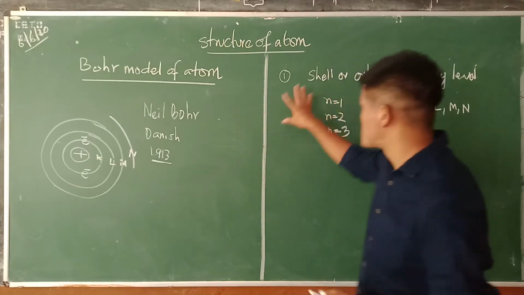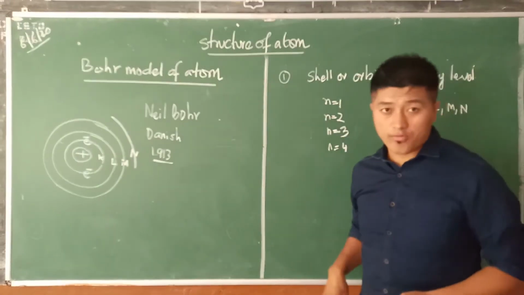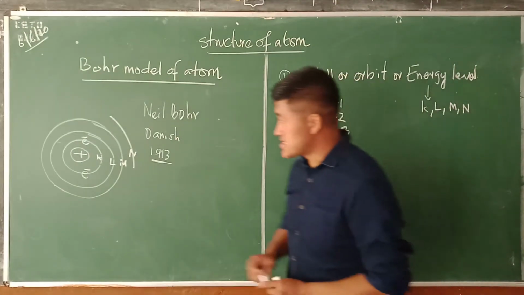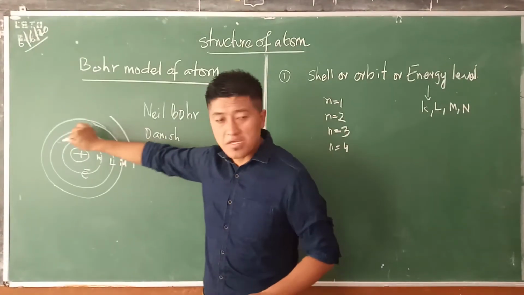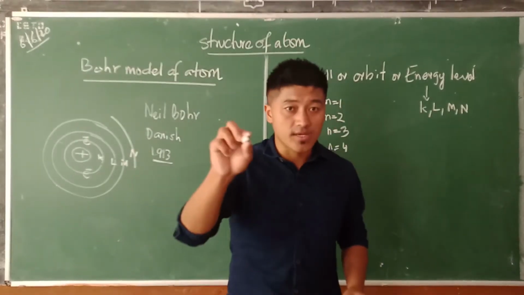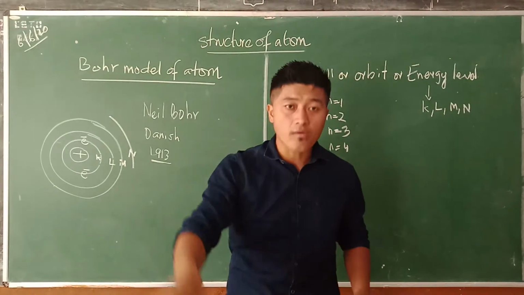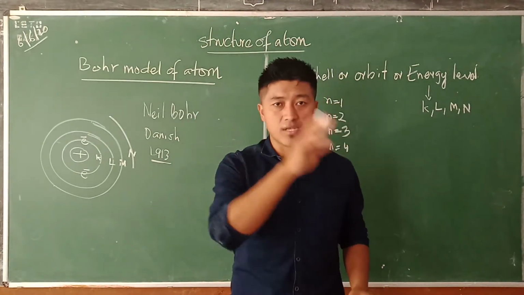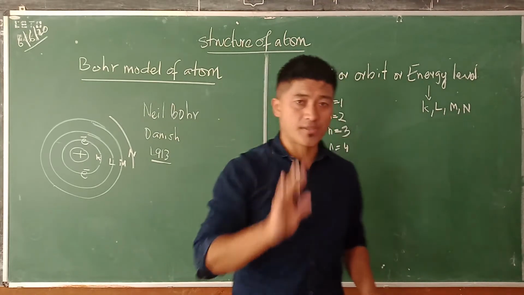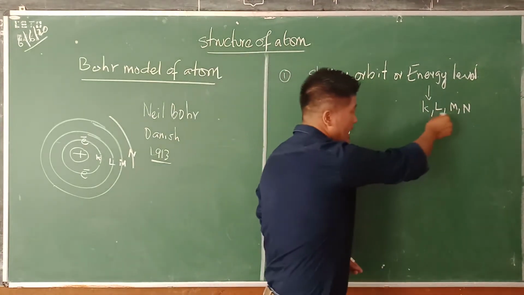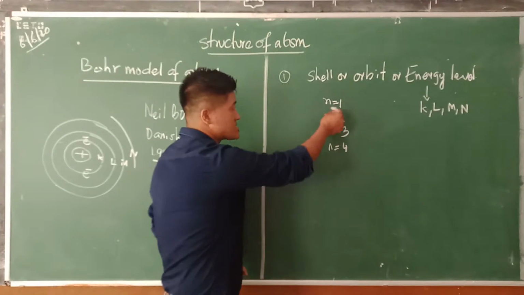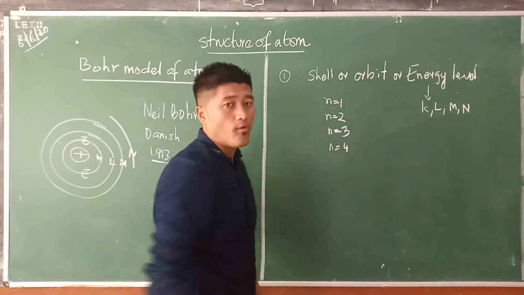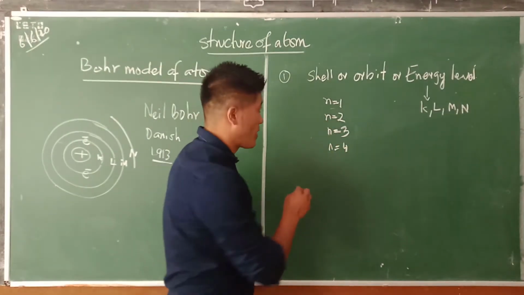This is the first postulate by Niels Bohr. This electron, when it is revolving around the central nucleus, revolves in a particular shell, or energy level, or orbit, which he named K, L, M, N, or also n equals 1, 2, 3 and 4. Is that clear? This is the first one.